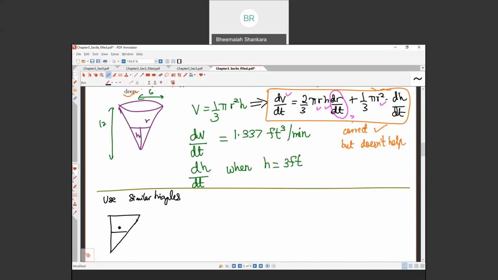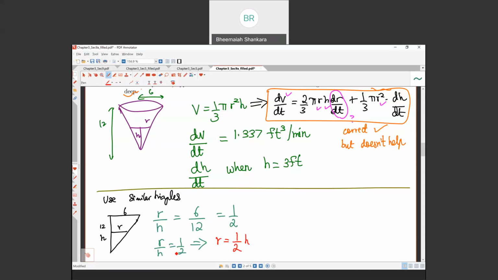This is the radius, this is the height, this is 6, and this is 12. So using similar triangles, I'm going to consider the radius by height ratio, which is 6 over 12, which is 1/2. So all I have is r over h is 1/2. I can rewrite this as r equals 1/2 h when I cross multiply h on both sides.